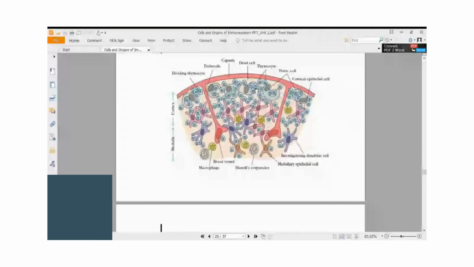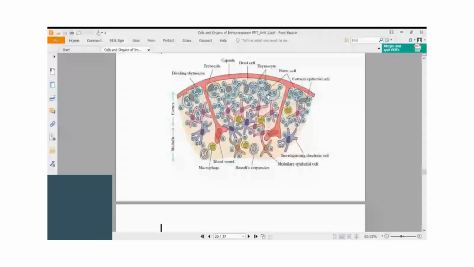By nourishing those thymocytes, they make them undergo proliferation, meaning mitosis. And these pro T cells or progenitor T cells undergo mitosis in the cortex area to form a large population. Then the nurse cells which nourish them are modified epithelial cells.